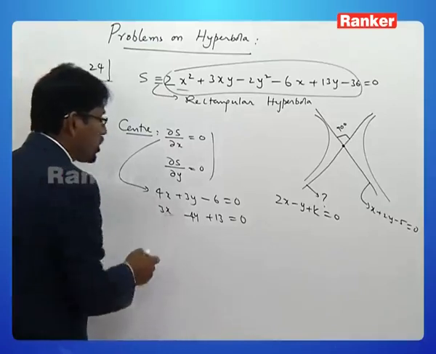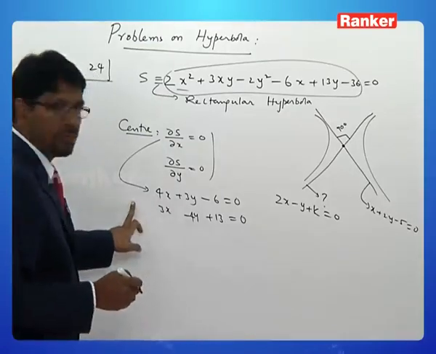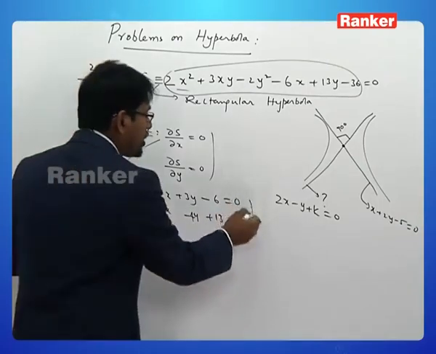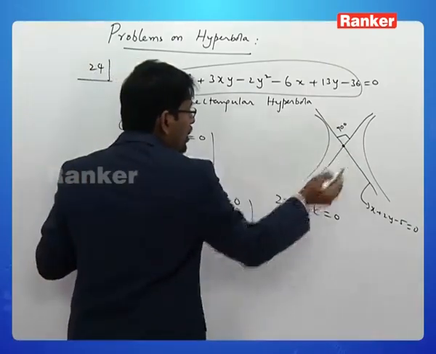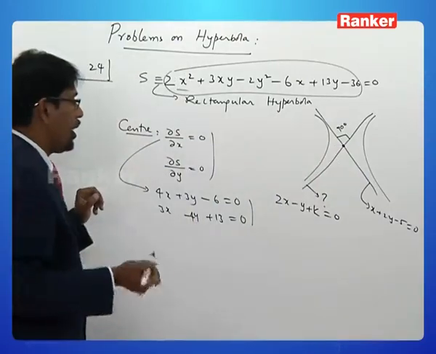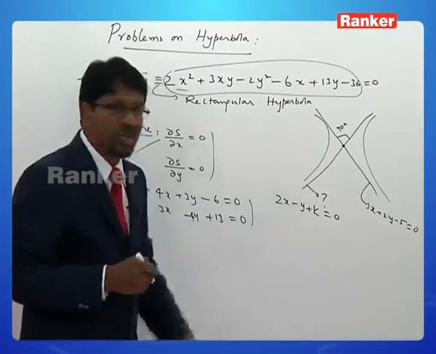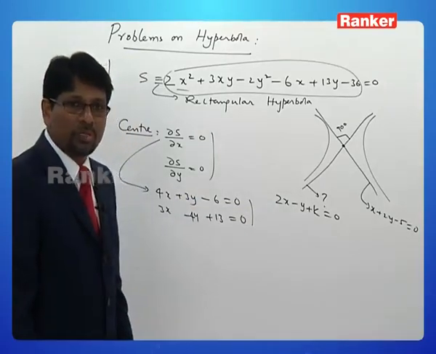Now solving these two, we will get the point of intersection. That point of intersection will be the center of this hyperbola, and that center will have to be satisfied by 2x − y + k = 0.